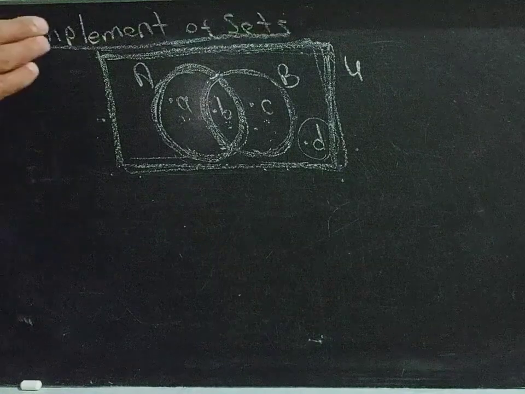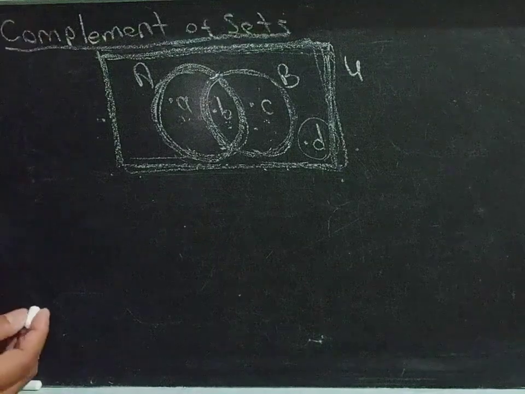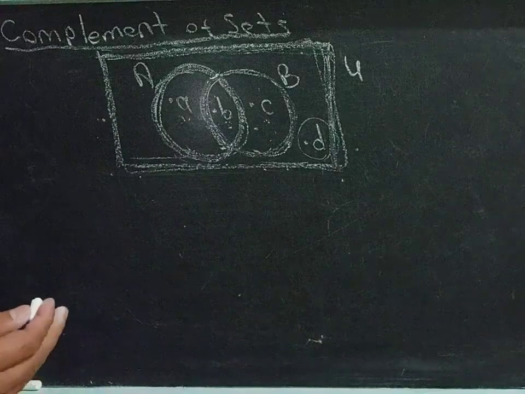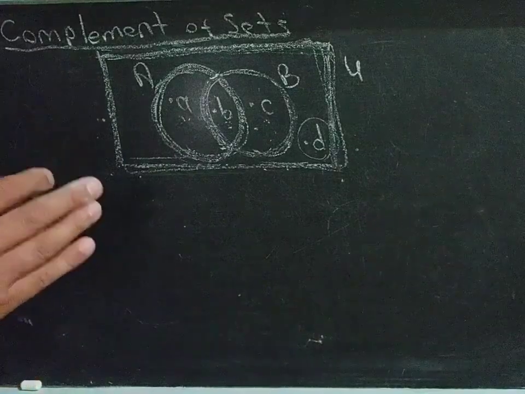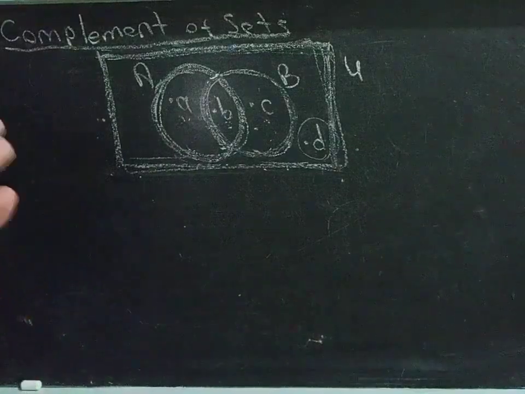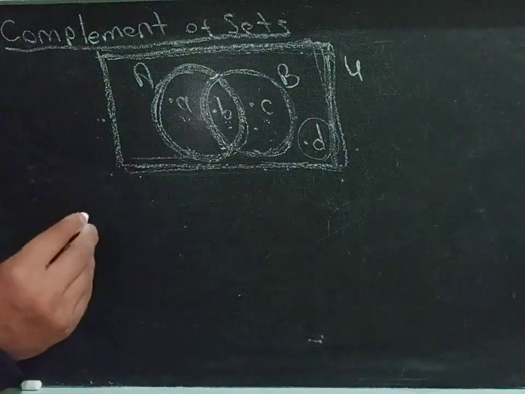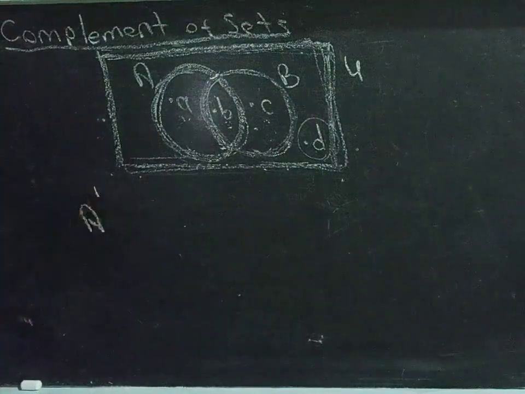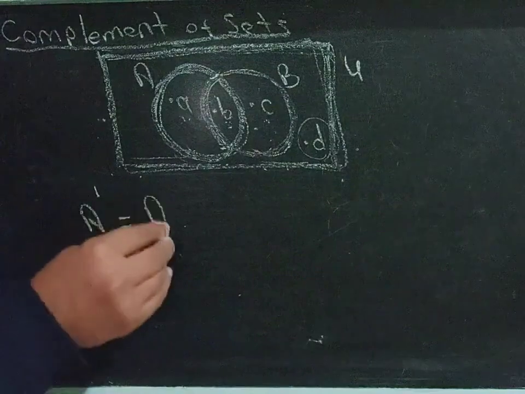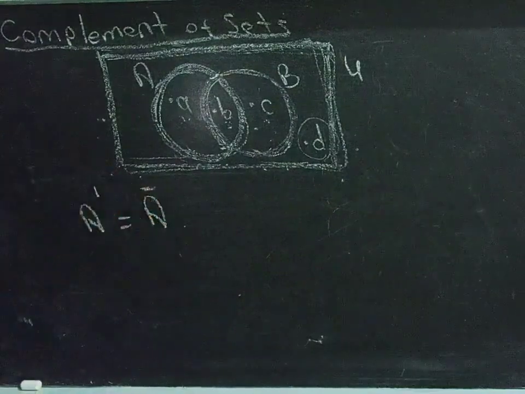All right. So complement of a set. What is complement of a set? Complement means the elements which are not under that letter, and it's represented by that symbol.